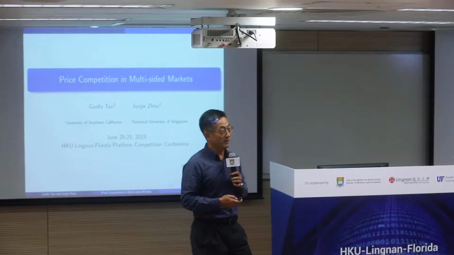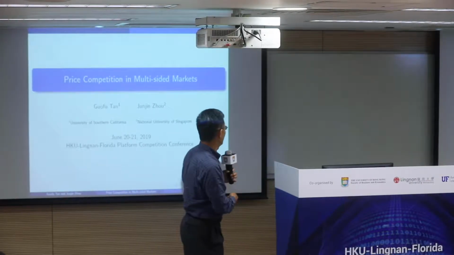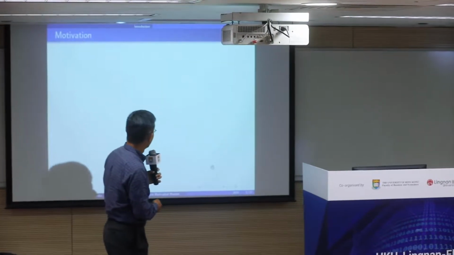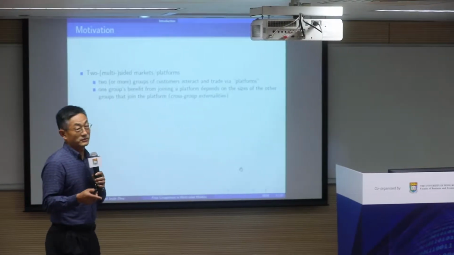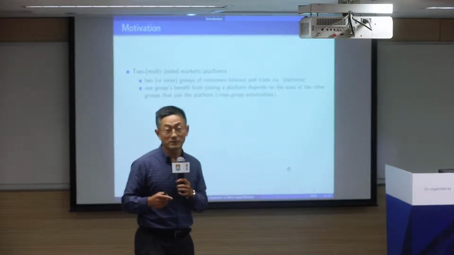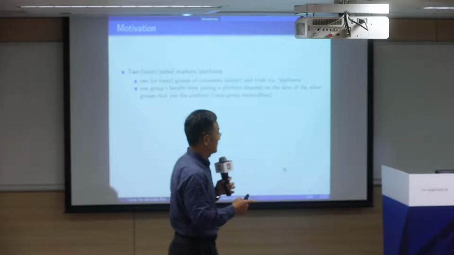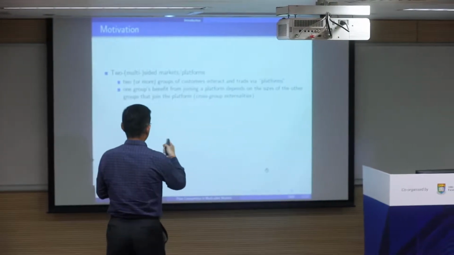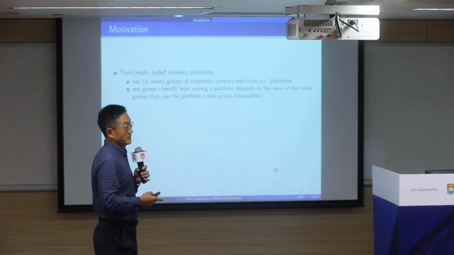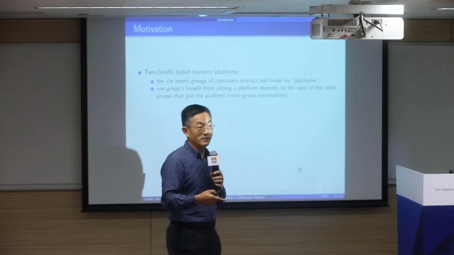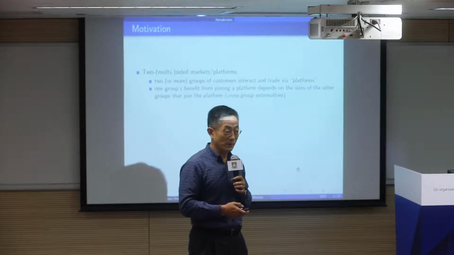Given our discussions yesterday and this morning, I suppose we don't need much motivation for our study of multi-sided markets. However, I'd like to just mention a few keywords that we would like to focus on. One is essentially cross-group externalities, which is a key concept in this framework.